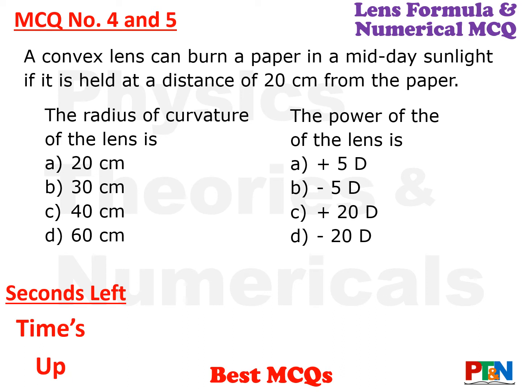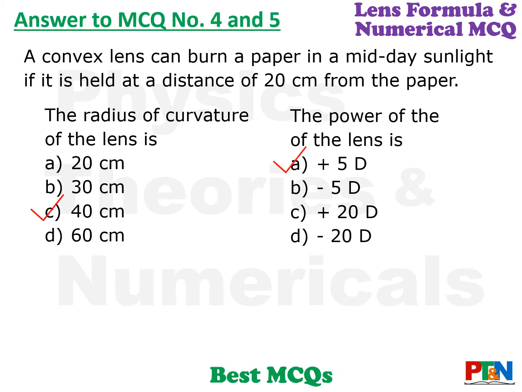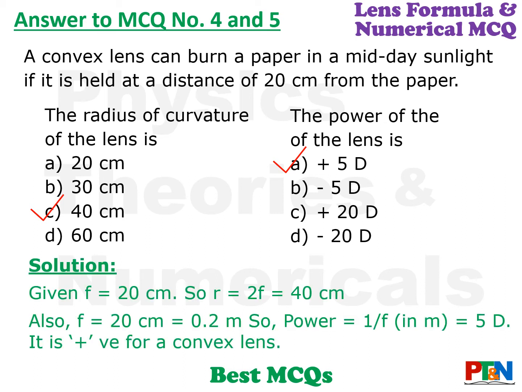Time's up. Let's see the answer. Answer, the radius of curvature is 40 centimeter and power of the lens is plus 5D. Let's understand the calculation. What has been given? f is 20 centimeter because to burn the paper, all the rays have to come and concentrate on that point.